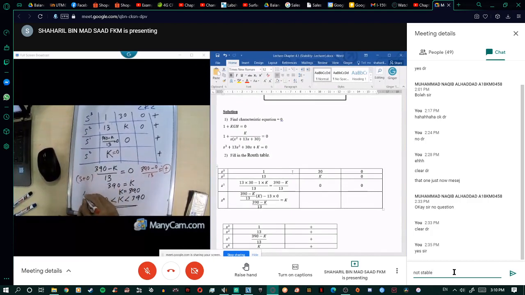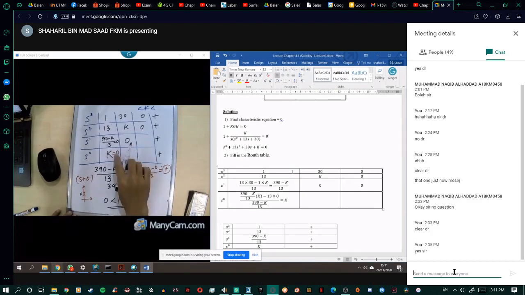So you will have one root at the imaginary axis. Can you get it? Okay. So that's why it needs to be more than 0, so that your roots will be at the left. Okay. It will be at the left, right?